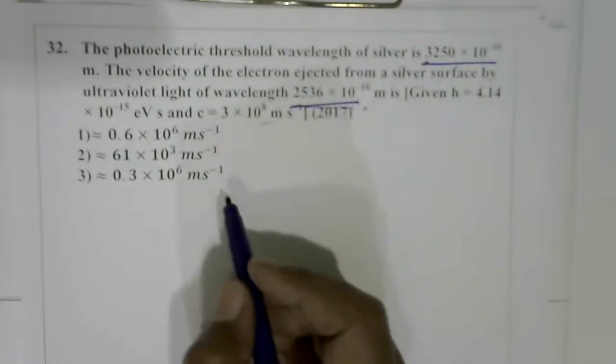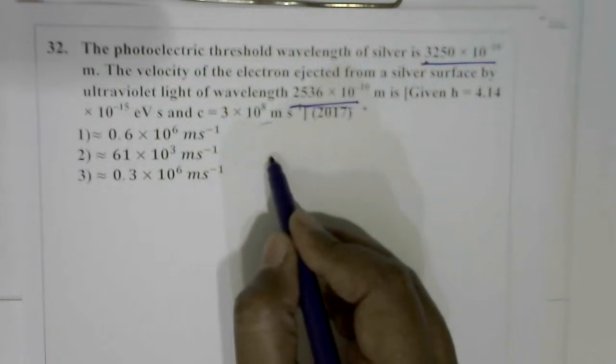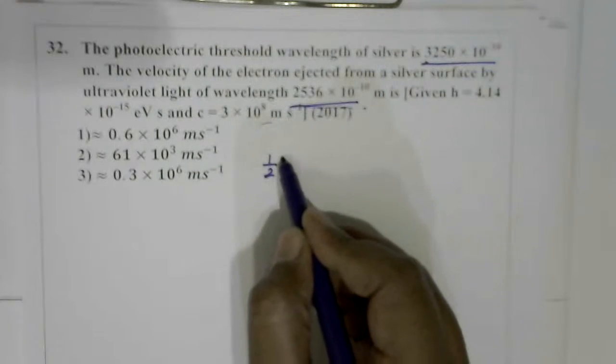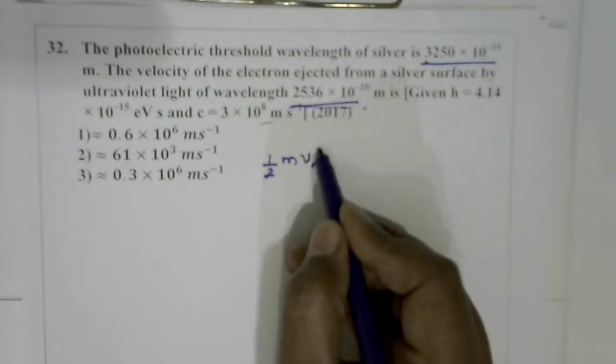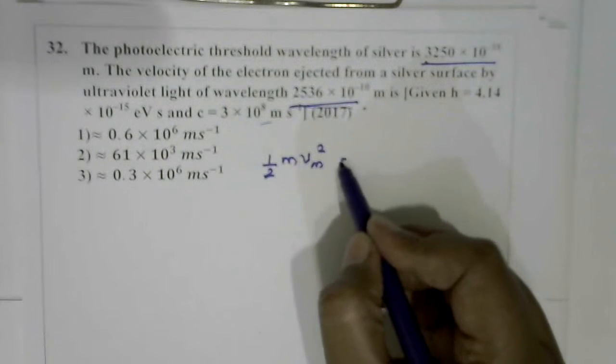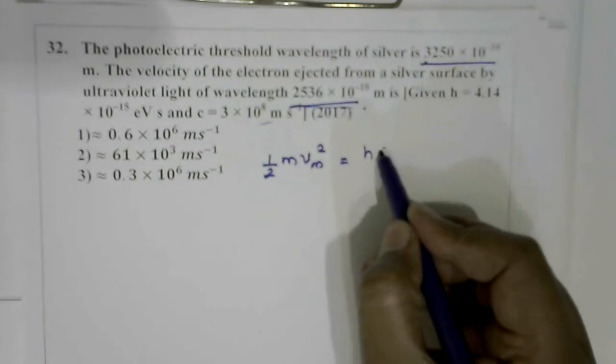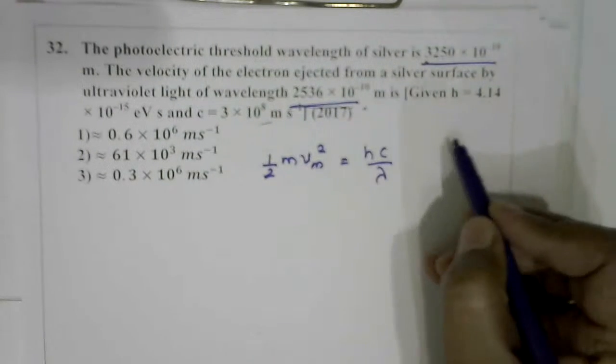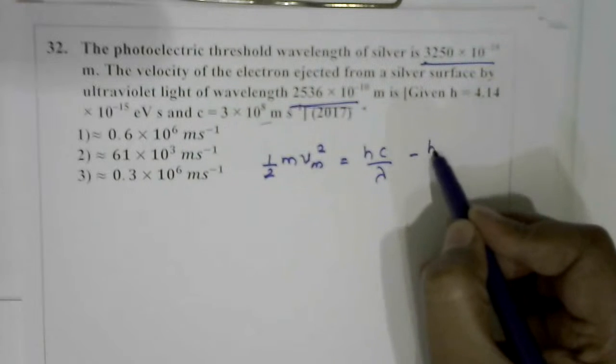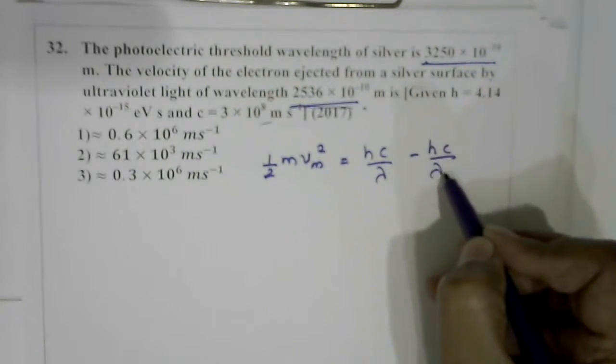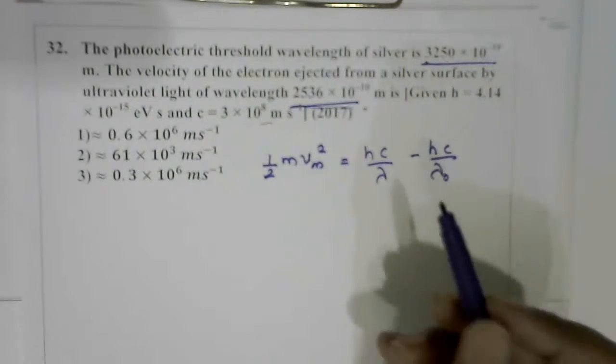Okay, so it's a direct question. We know that the maximum kinetic energy equals hc by lambda minus hc by lambda naught, that is, minus the work function.